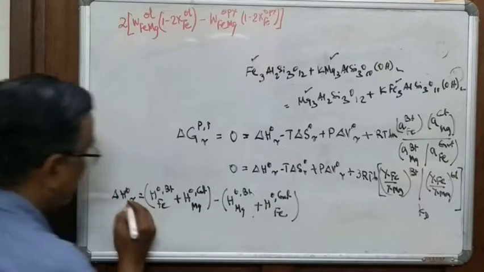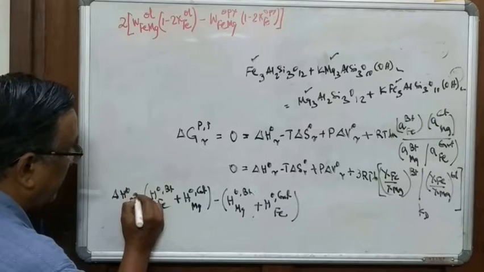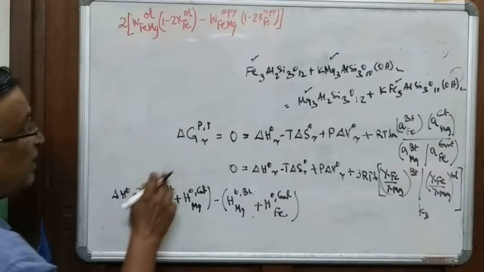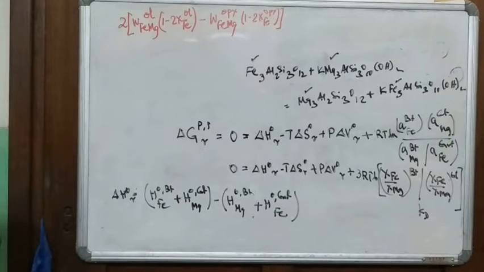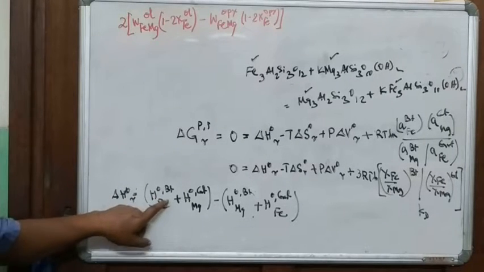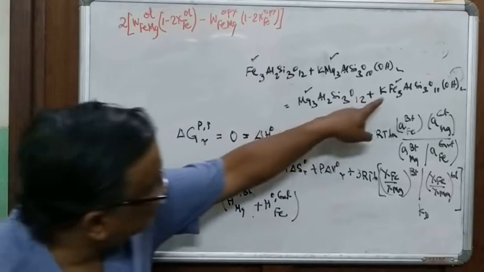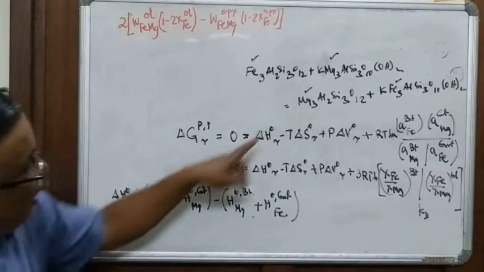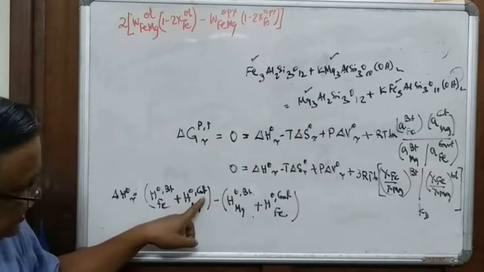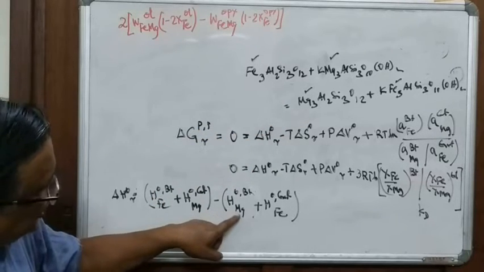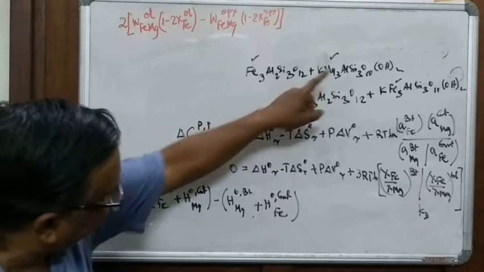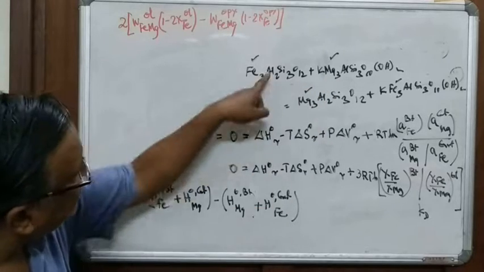This is what you get. So this is enthalpy of annite in biotite plus enthalpy of pyrope in garnet, that is the product, minus H0 Mg phlogopite of biotite and H0 Fe garnet.